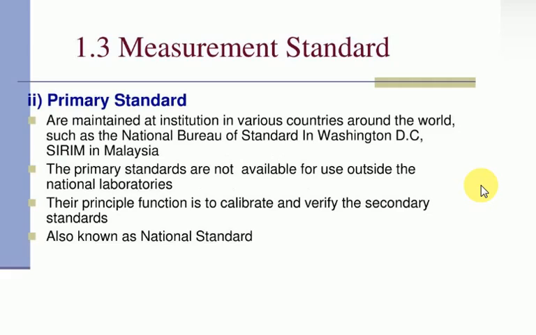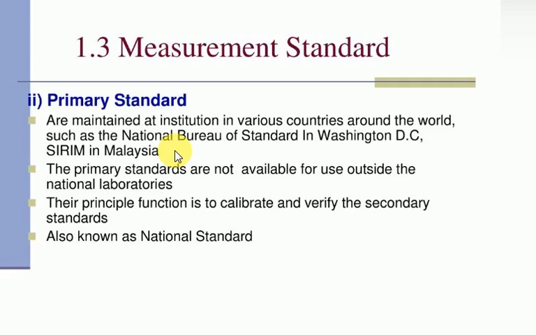Primary standards are maintained at institutions in various countries around the world, such as the National Bureau of Standards in Washington, DC, and SIRIM in Malaysia. Primary standards are not available for use outside the national laboratories. Their principal function is to calibrate and verify the secondary standards, and they are also known as national standards.